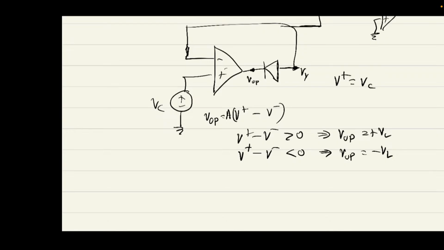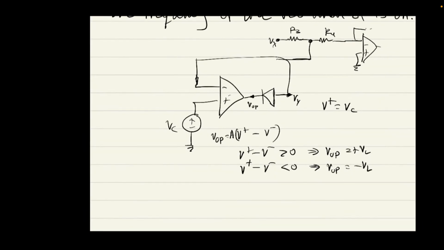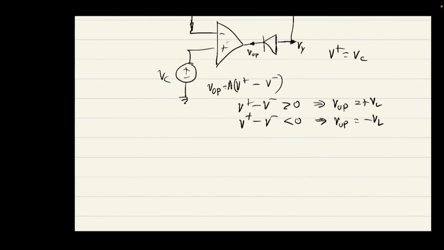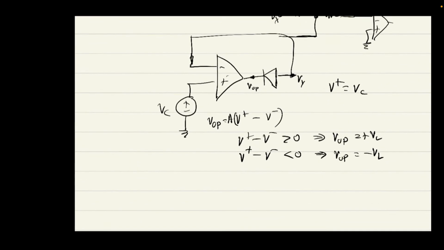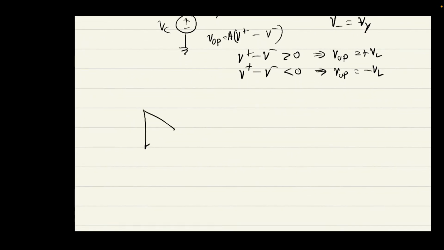And V minus is something we have to figure out. Actually, V minus will be Vy, assuming that this diode is open. It's a bit weird, but let's go through this one step at a time.